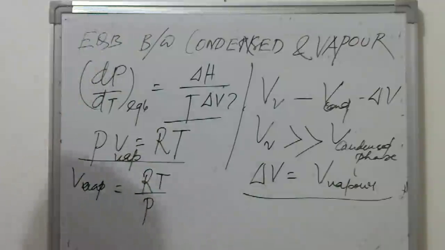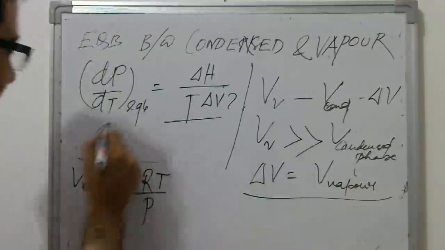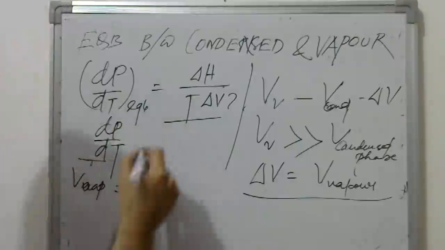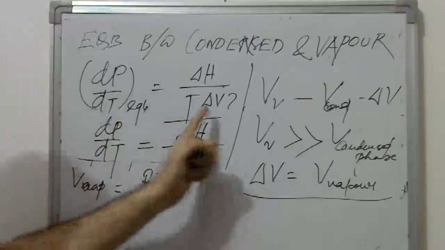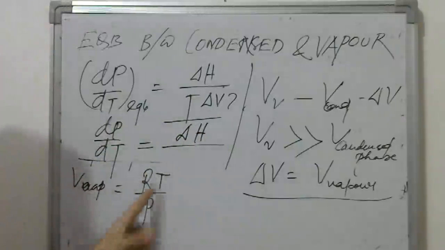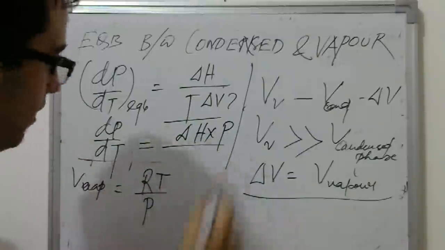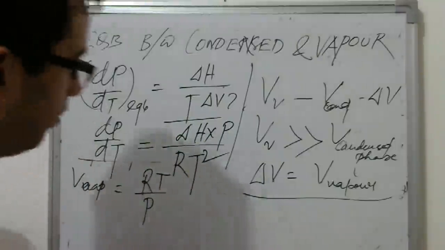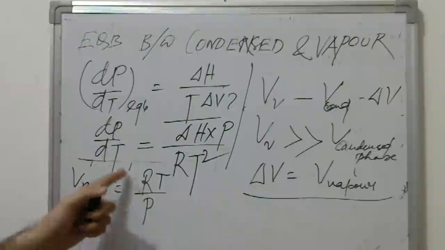So if I write it here, dP/dT is equal to delta H by T times delta V, with RT by P going to the top, so P by RT square. Okay, P by RT square.